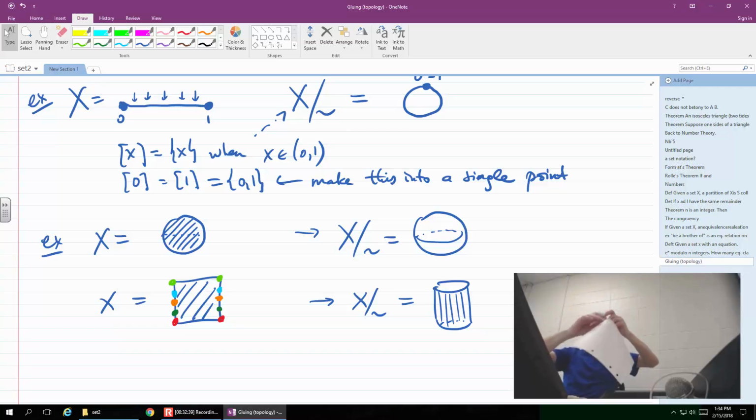That's just one point. That's not enough, it does not create a cylinder. But once I start putting more points here, say I take blue points too, then we have more and more points glued together, and at the end of this process I have all the points along the edge glued together pairwise, which creates a cylinder.